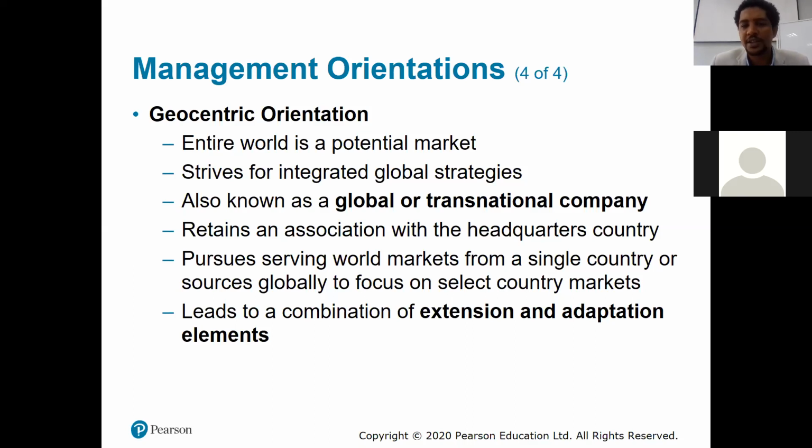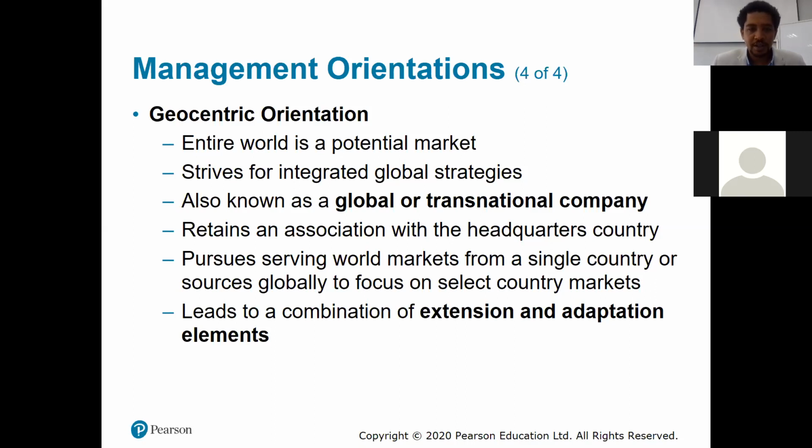It retains an association with a headquarter country, and it pursues serving world markets from a single country or sources globally to focus on select country markets. This leads to a combination of both extension and adaptation. So in geocentric orientation, we use standardization and also adaptation. We mix these two.